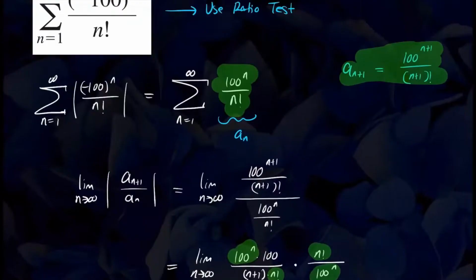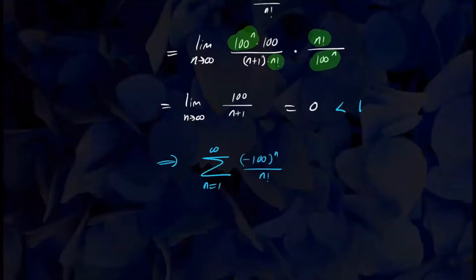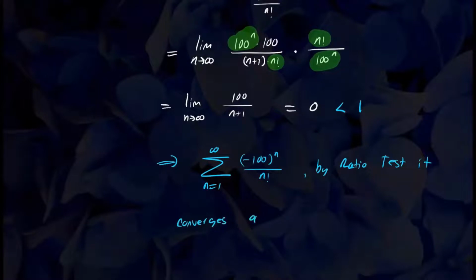So let's just go back. Yep, that's the one we're looking at. By the ratio test, this converges absolutely. And we know if it converges absolutely, it's definitely conditionally convergent, so no need to test for that.